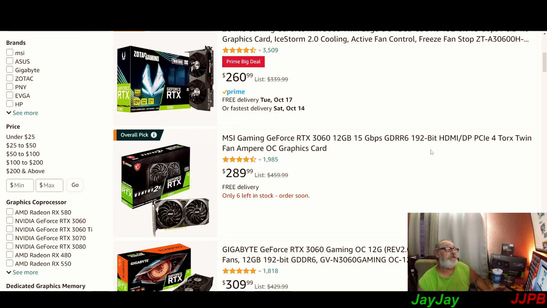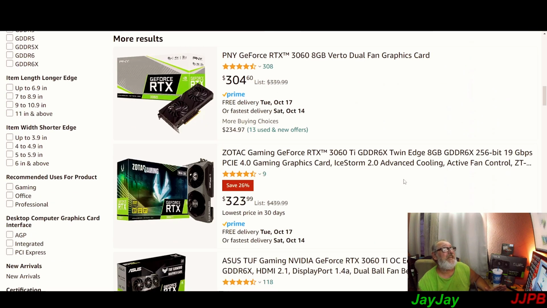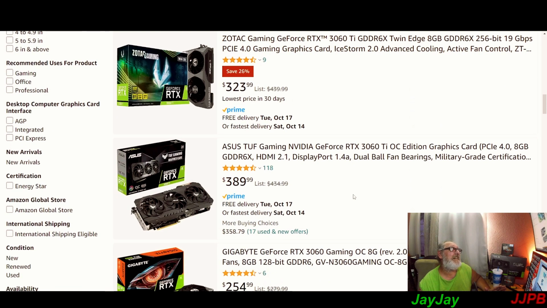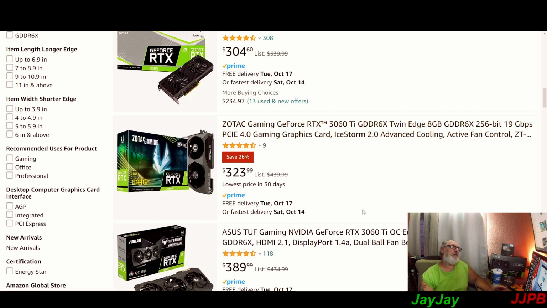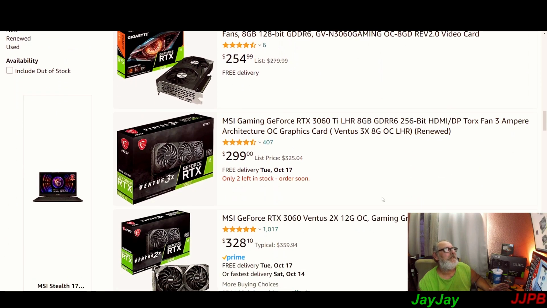It's 192-bit, not the 256 the A770 has, but you can get a 3060 Ti or the A770. It's about right around there between the 3060 and 3060 Ti, if you want to look at that kind of price. So now back to it, not the 3050, the 3060 Ti. My bad.